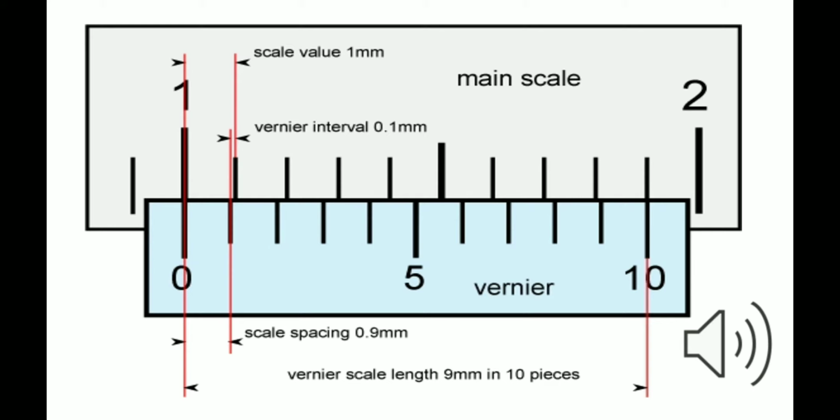And slowly you can see the 9th division of the main scale coincides with the 10th division of the vernier scale. That means the principle here will be applied with this only. The 9 divisions on main scale will always be equal to 10 divisions of vernier scale.